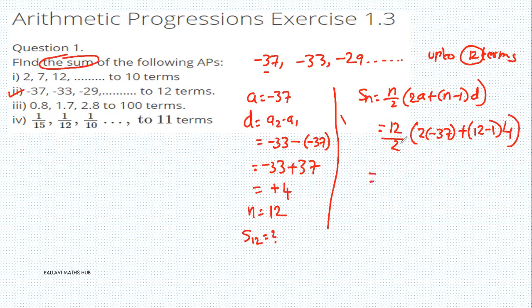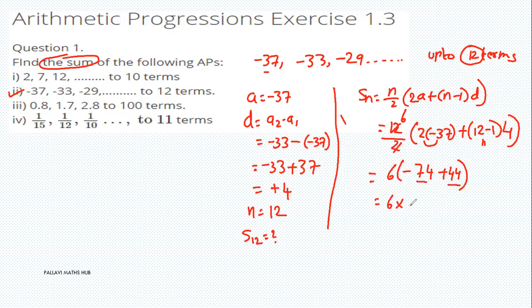Now in the next step, 2 ones are 2, 6 twos are 6. 6 into 2 into minus 37, 2 into 37 is 74, plus 12 minus 1 is 11. 11 fours are 44. Next step, 6 into minus 74 plus 44.